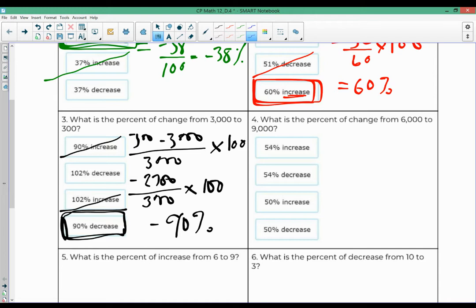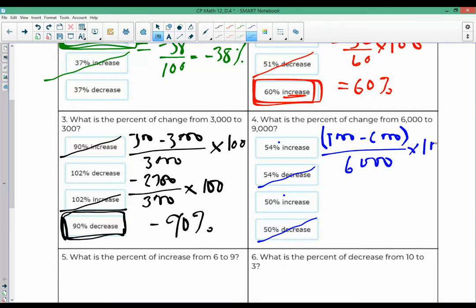Okay, and the last of the multiple choice. What is the percent of change from 6,000 to 9,000? So I know that's going to be an increase. So it's either 54 or 50% increase. Maybe you can make a prediction now. So we're going to do new 9,000 minus old 6,000 divided by old, which is 6,000 times 100.